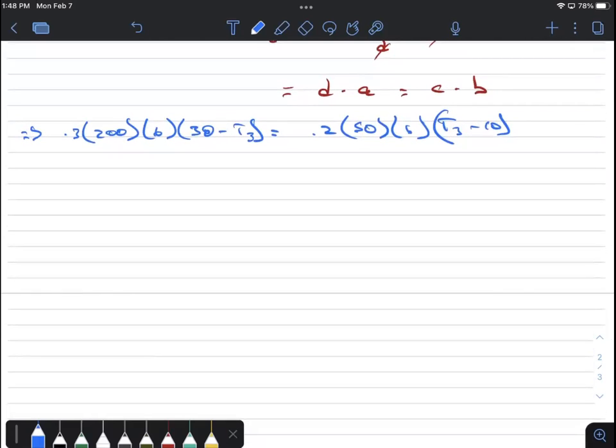Okay, so on the left over here, what do we have? We've got 0.3 times 200 times 6 times 30. So I get out my calculator, 0.3 times 200 times 6 times 30. I get 10800, the first term.